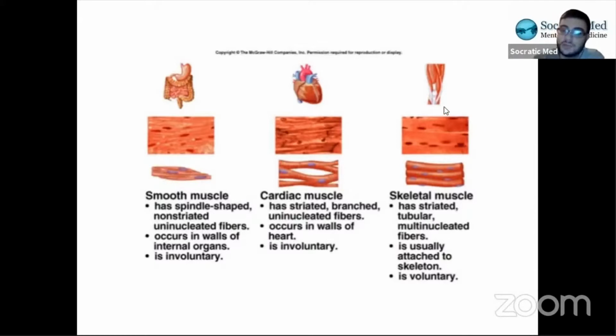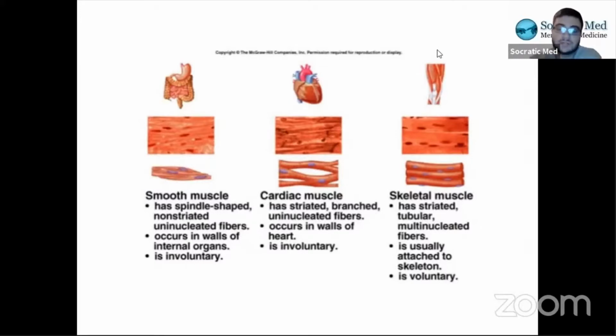Lastly, skeletal muscle, which is what we're going to be talking about mostly today. It's striated. The fibers are striated, meaning, again, they have these lines, these striations. It's usually attached to your skeleton. For example, this looks like a leg, right? The muscles are actually attached to the bones of the leg, and they pull on the bones.